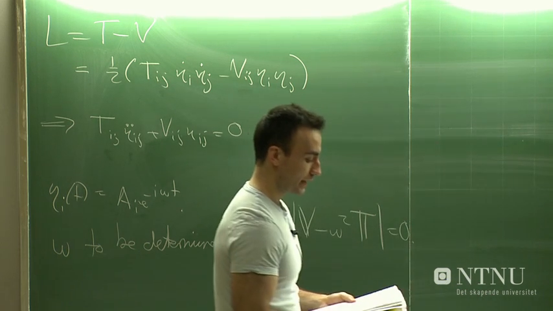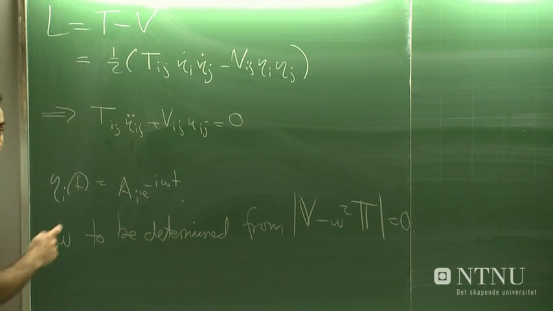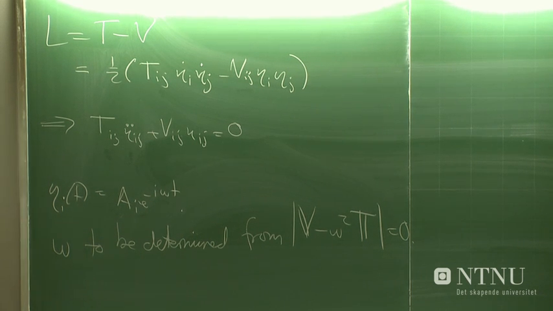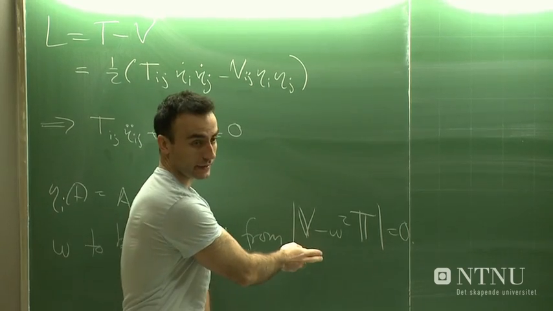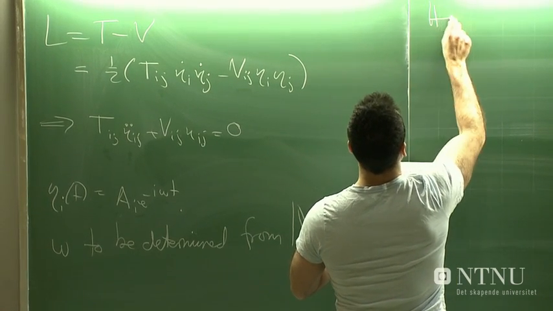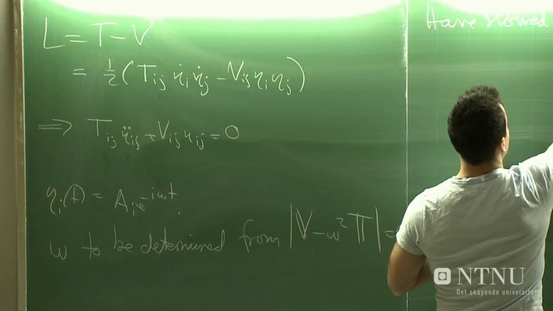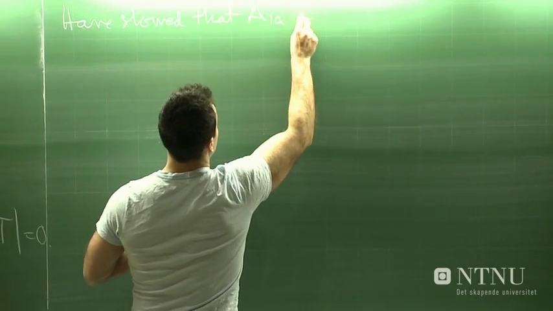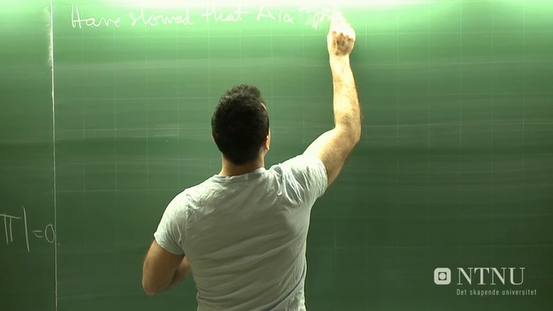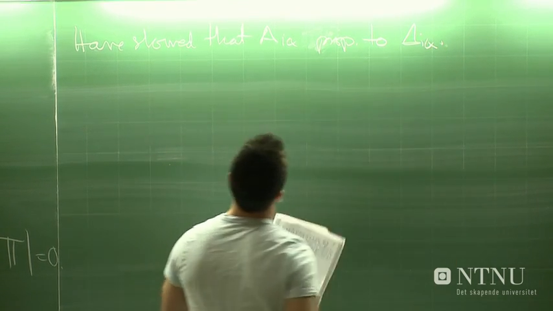And I think the last thing we did was to show that these coefficients, AI, would in general be proportional to the minor or cofactor delta I of this matrix, or delta I alpha, in fact. Like this.